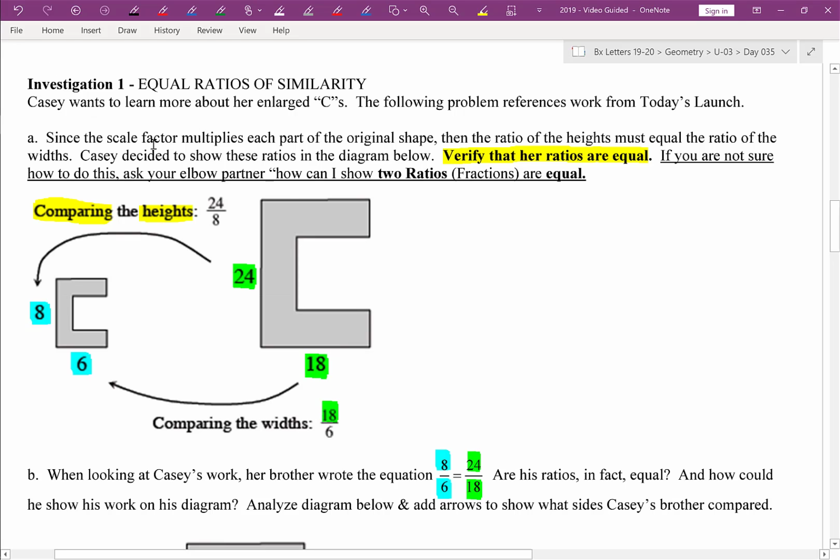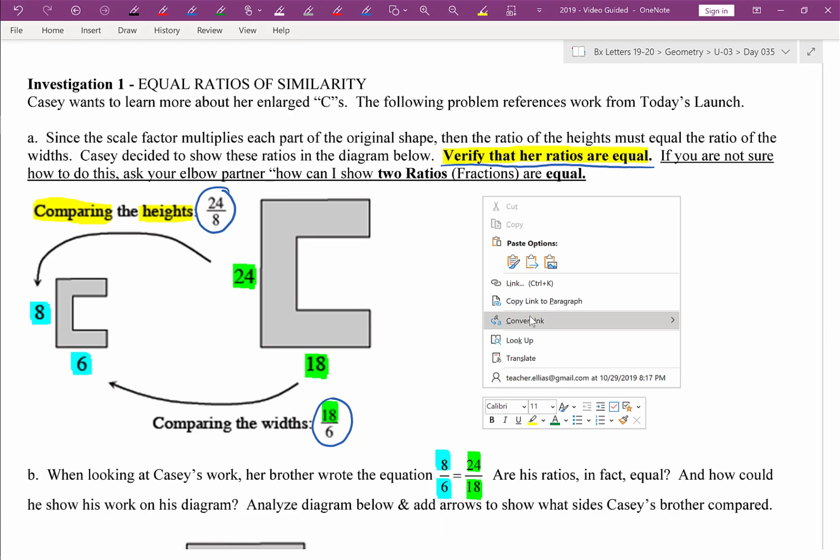We're going to flip it over, go to the investigation. You're going to pause the video now and try this out. If you need a little hint, when they say verify that her ratios are equal, they're talking about these numbers here and those numbers there.